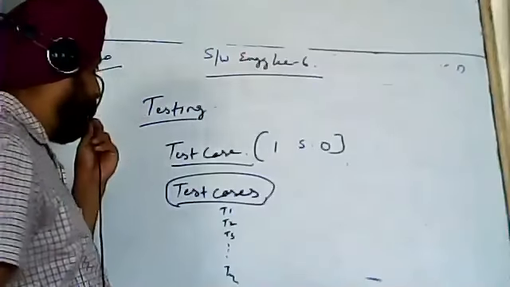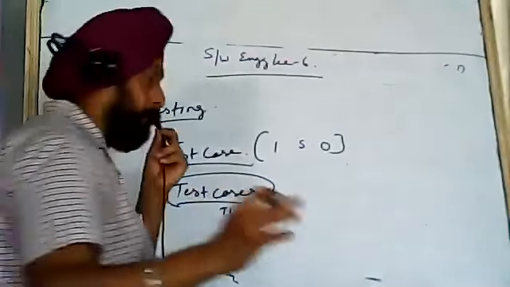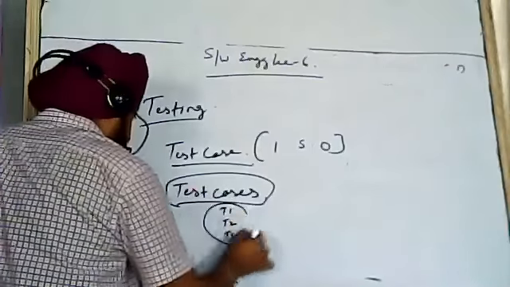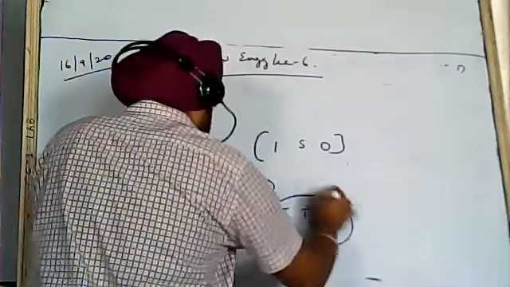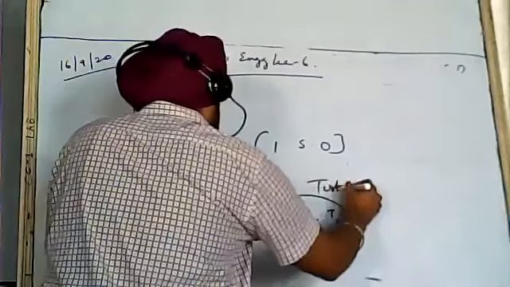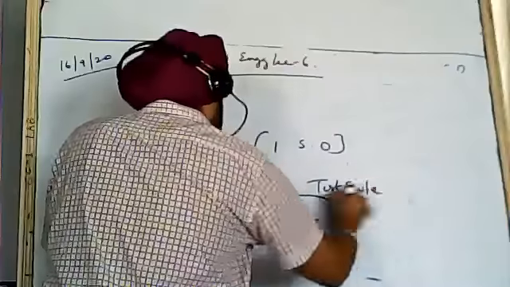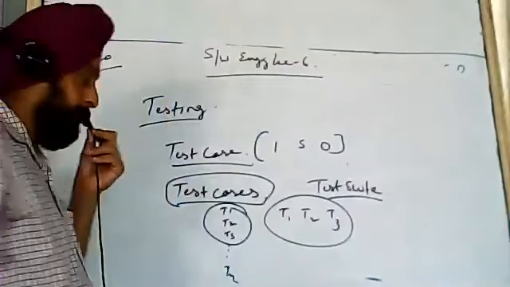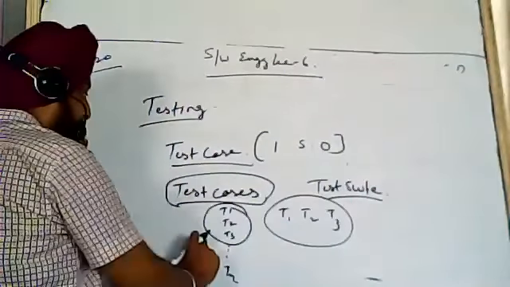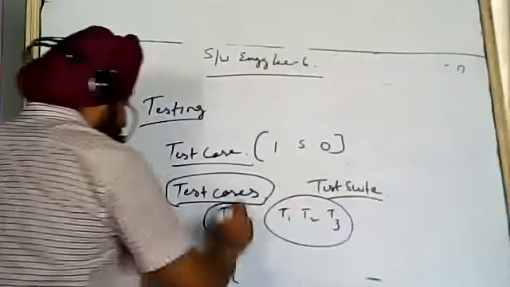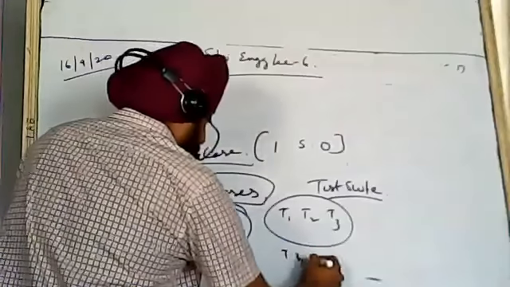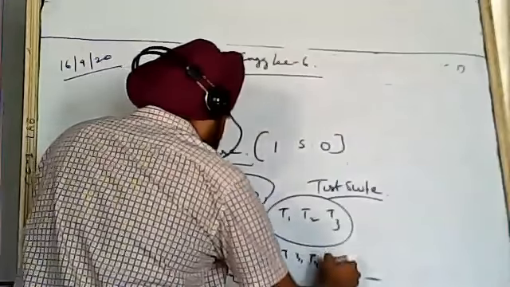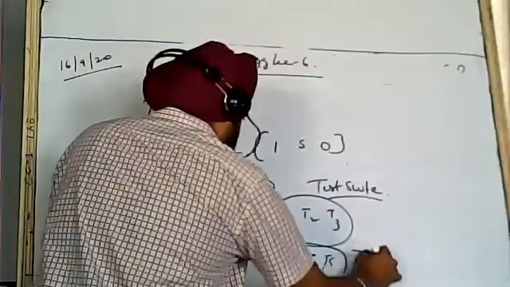For a particular code, we combine T1, test case 2, test case 3, and it makes one test suite. So the combination of test cases gives the test suite. There can be another test suite if we have a T3, T4, and T5 combination.